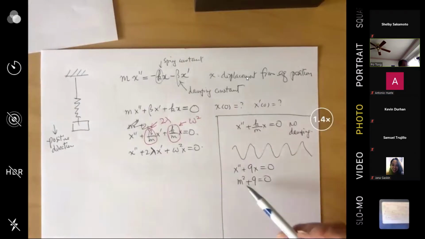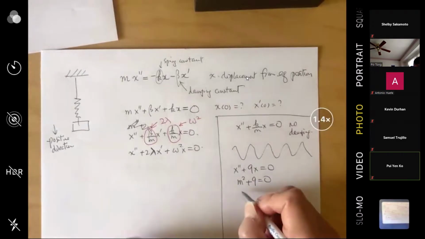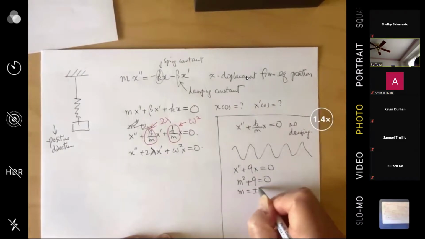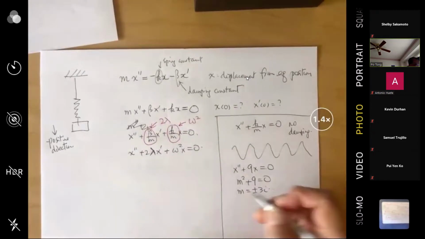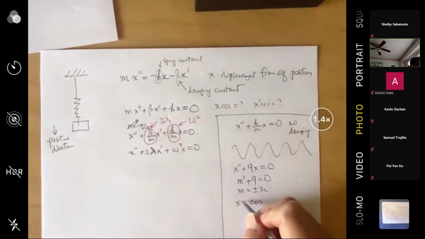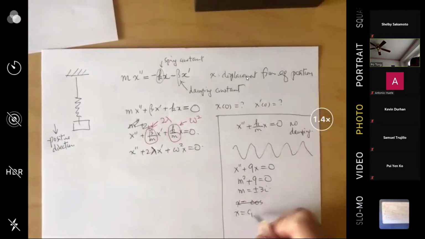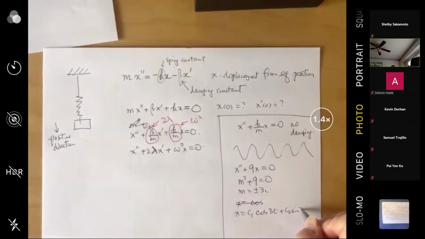Can you guys solve this? Can you see plus or minus 3i? Plus or minus 3i, we know that the solution is going to be x equal to c1 cosine 3t plus c2 sine 3t.